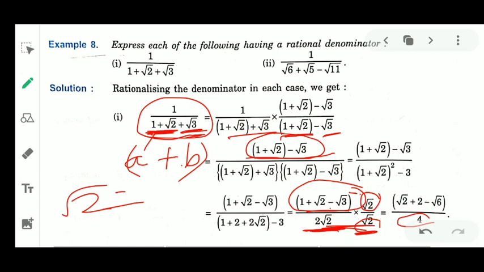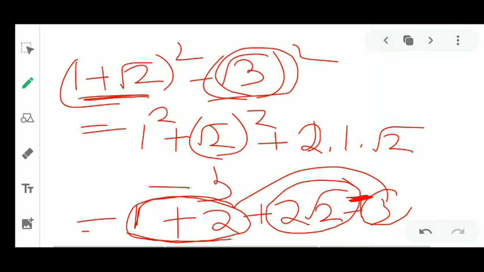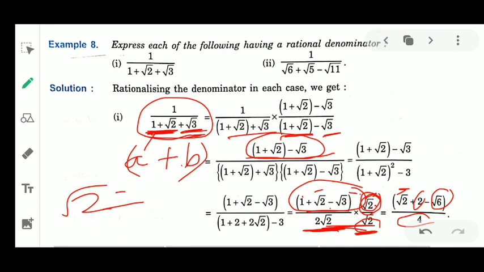Then root 2 into 1 is root 2, root 2 into root 2 gives 2, then root 2 into root 3 is minus root 6. Clear? So that is the answer: root 2 plus 2 minus root 6 by 4.